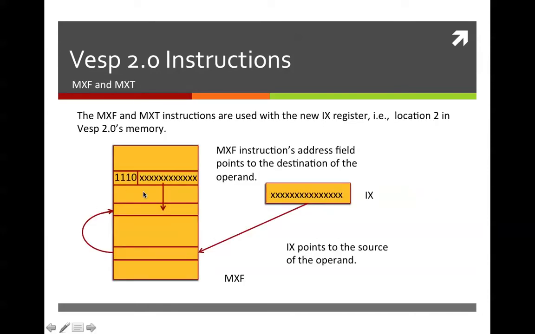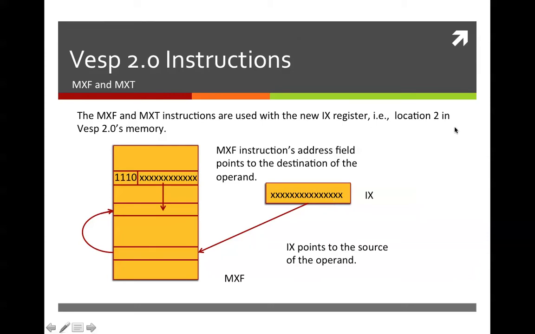Now, let's talk a little bit more about these two move instructions. Here's the move with an index register from an array of locations instruction, which is MXF basically. So the MXF instruction uses IX in this case as the source of the operand.